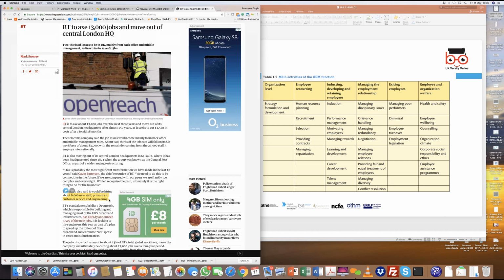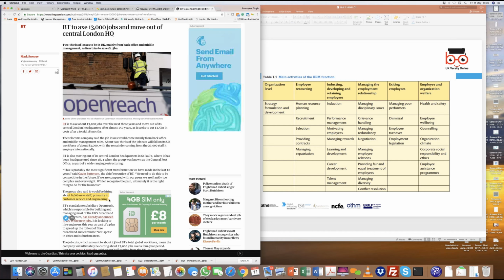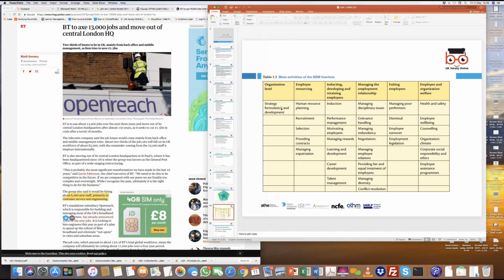So in effect, this strategy which is being created, that I need to get rid of staff which do not have the right skill set, but we also want to hire staff which has the right skill set, is being done at the organizational highest level. And that highest level is Chief HR Manager or Chief HR Officer. And that is nothing but strategy formulating.